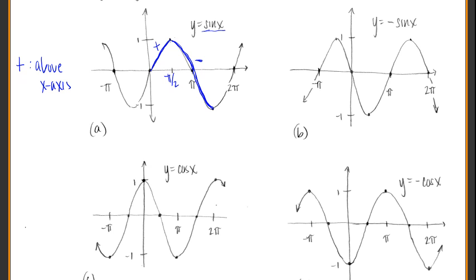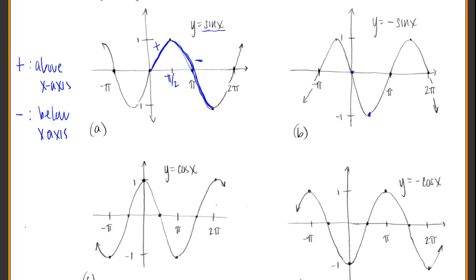And anytime my graph is decreasing, my slope should be negative, which means I should be graphing something below the x-axis. If I look at these graphs, from 0 to pi over 2 in graph B, I'm below, and it should be above. So definitely it's not part B.